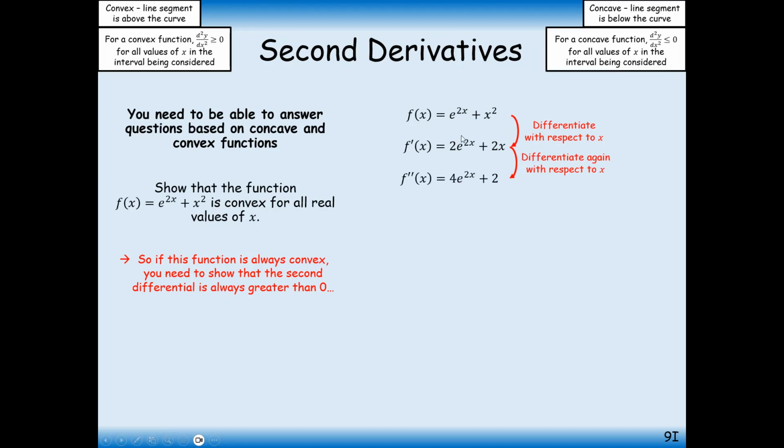And what we notice is that 4e to the power of 2x plus 2, if we plot its graph, is always above the x-axis. So f double dash, or the second derivative, is positive no matter what value of x you substitute. Negative a million will make it very, very small, but will not let it go towards 0.